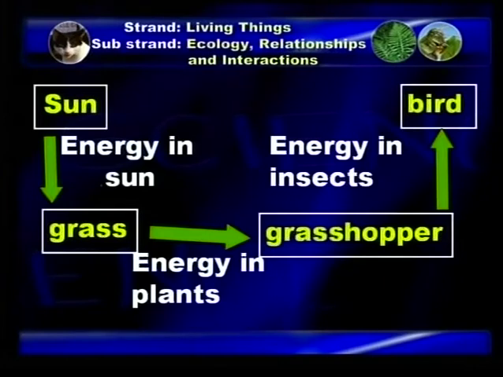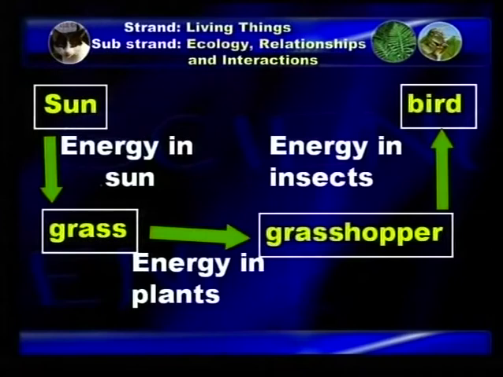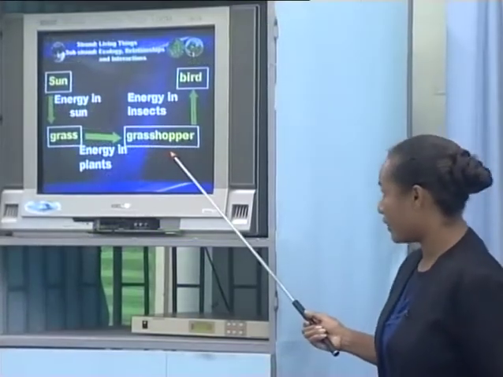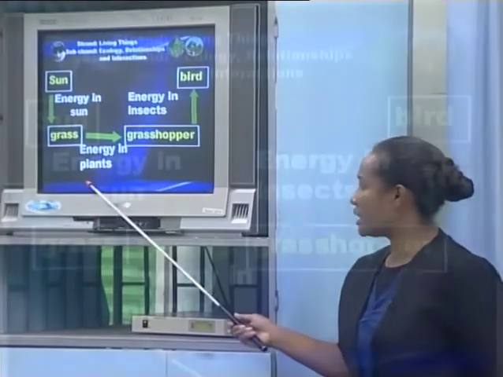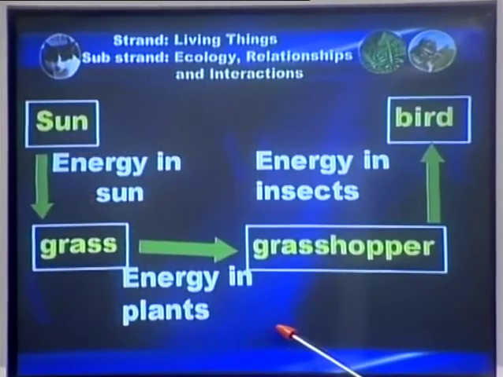The bird, all right? You will find that the bird eats other insects apart from the grasshopper, but in this example here, we have the grasshopper. So you can see that energy is passed on from one living thing to another.